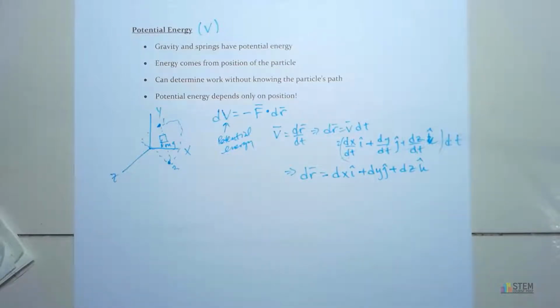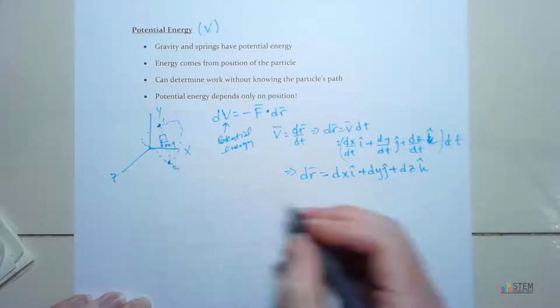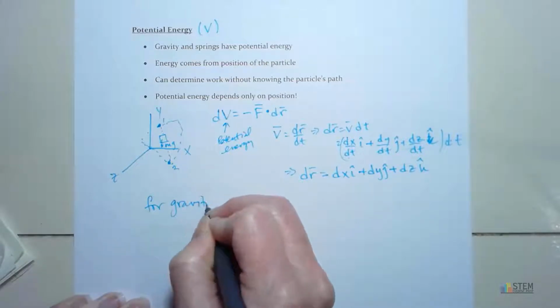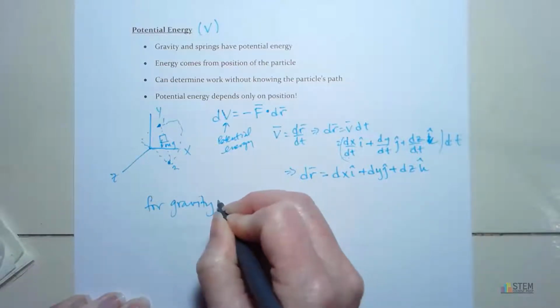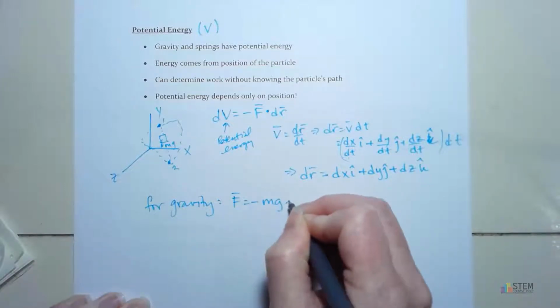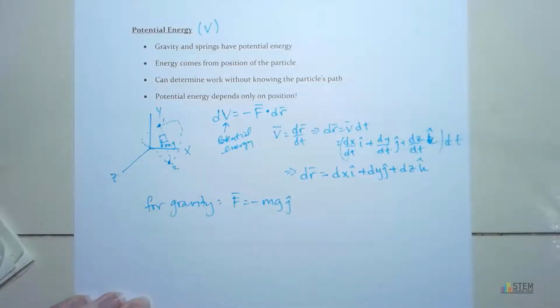So first things first, we're going to look at gravity, because we drew weight on here. So let's look at gravity. For gravity, our force is going to be negative mg j, using this coordinate system here. It's always going to be pointing downward.